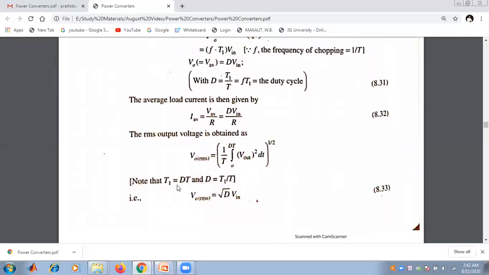So V out square, integrated over 0 to T1 dt, divided by the total time period T, all to the power half. We can write D equal to T1 by T. So the RMS value of the output voltage, V0 RMS, is equal to root over D V in.